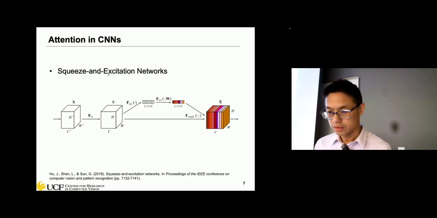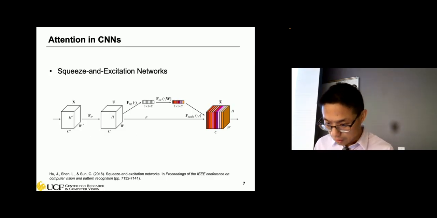We also have attention in CNNs. Here, as an example, is the squeeze and excitation network. This also uses the attention mechanism, trying to weight different feature channels. In this simple diagram, this is the conv layer, and we have this feature map, with H and W indicating the height and width, and also the number of channels.